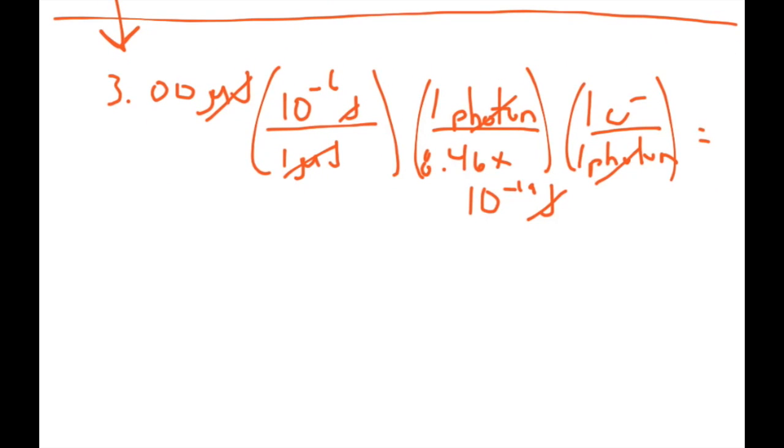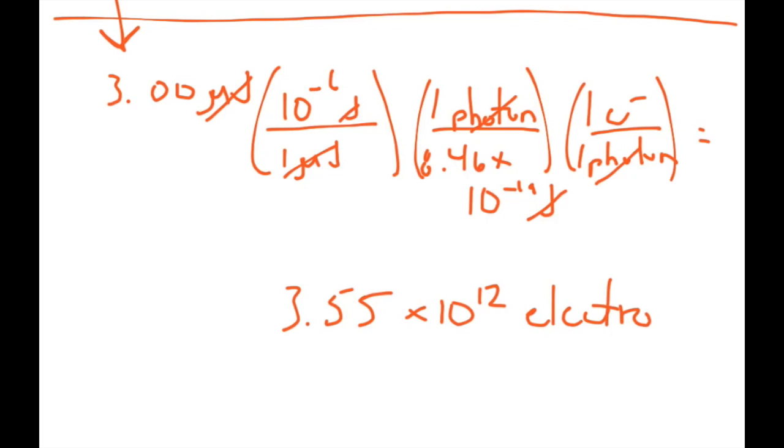And we do all that in our calculator, so we're trying to figure out how many electrons. So we do all this out in our calculator, and we get 3.55 times 10 to the 12th electrons emitted.